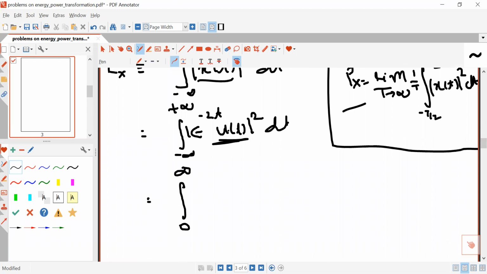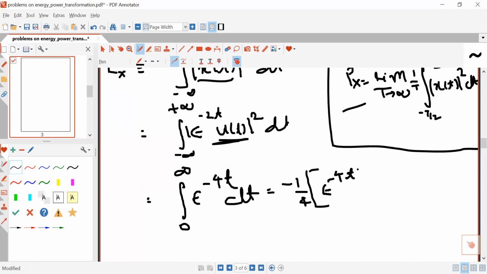So e to the power minus 2t into 1, whole square, will be e to the power minus 4t dt. Now this is a simple integration, and the value of this will be minus 1 by 4 times e to the power minus 4t, with limits of integration from 0 to infinity.